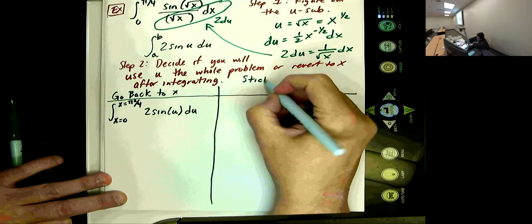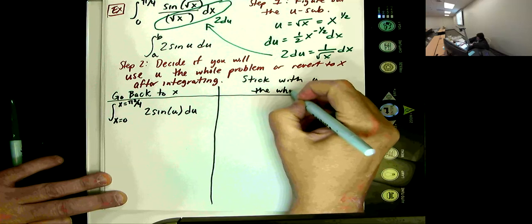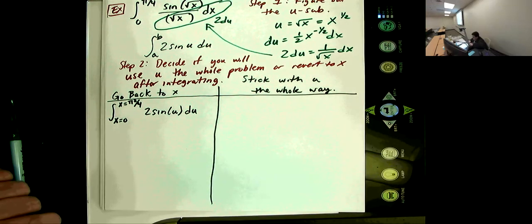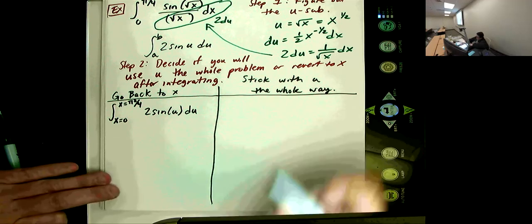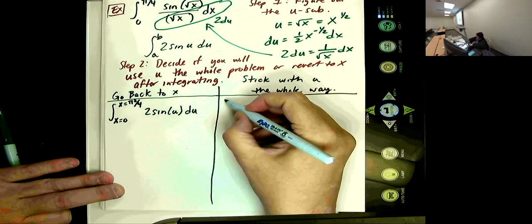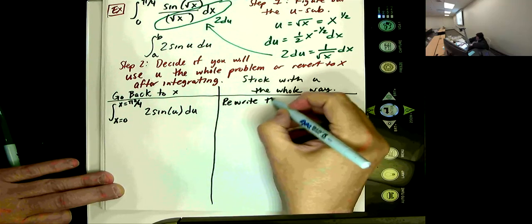And here we're going to stick with u the whole way. If we stick with u the whole way, we need to reevaluate or rewrite the limits of integration.